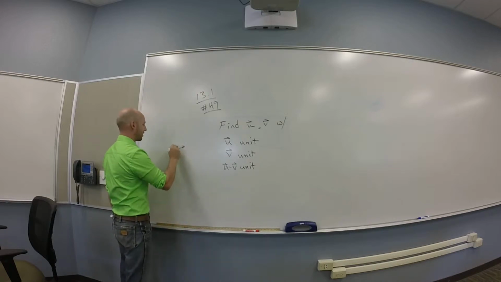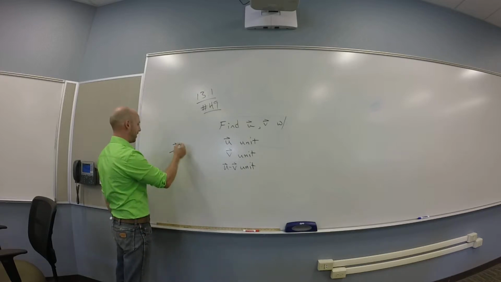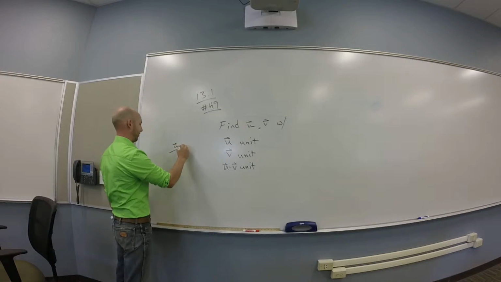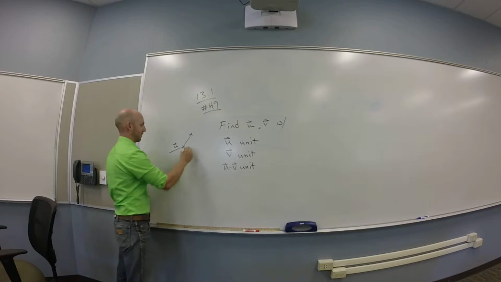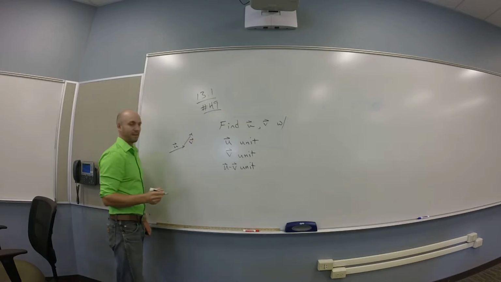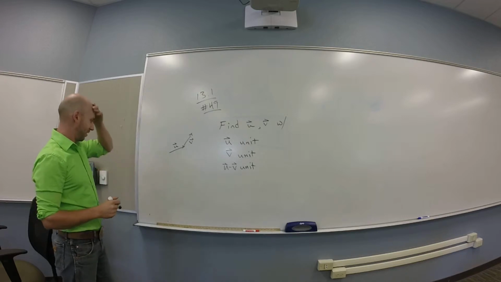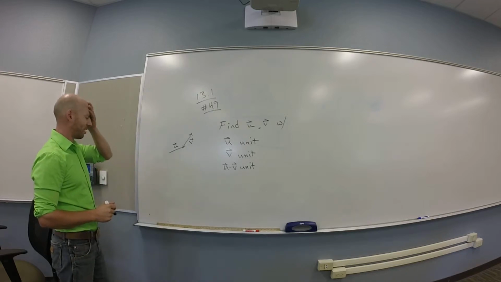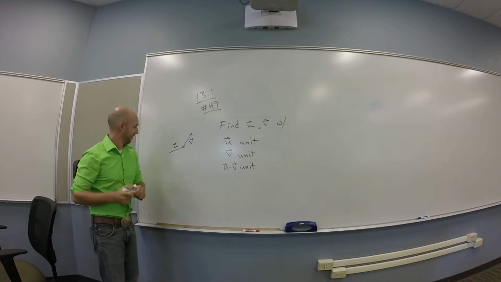So there's a vector u, right? Then there's a vector v, I don't know, like that, maybe. And now I need to get the vector u minus v up here somewhere. So let me think about that.